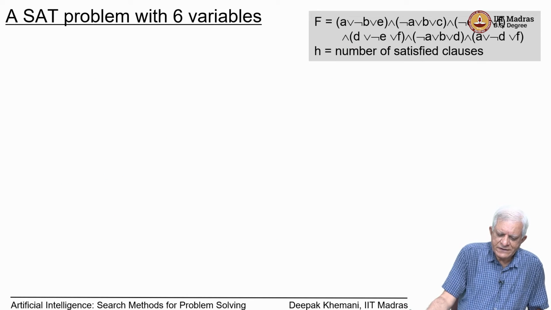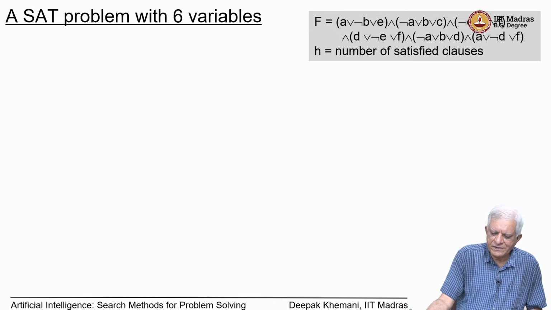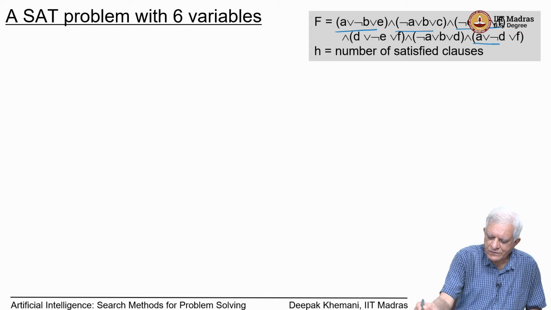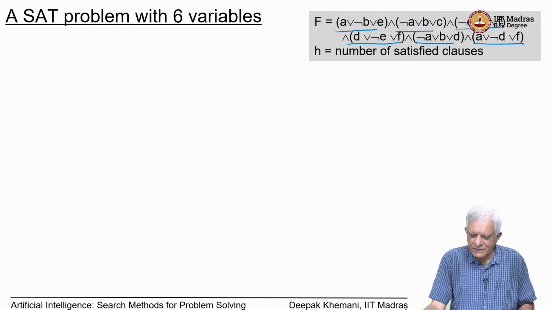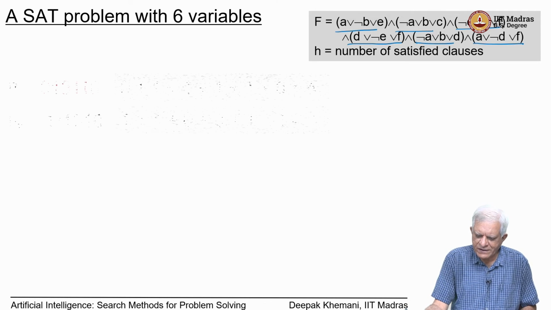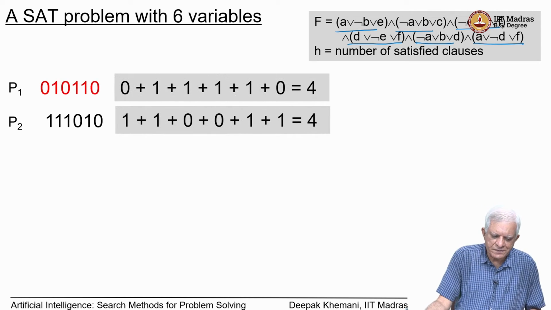So, here is an example of this process. We have the SAT formula with 6 variables and also 6 clauses, as you can see, 1, 2, 3, 4, 5, 6, and the heuristic value is the number of clauses that are satisfied, and so it is a maximization problem.